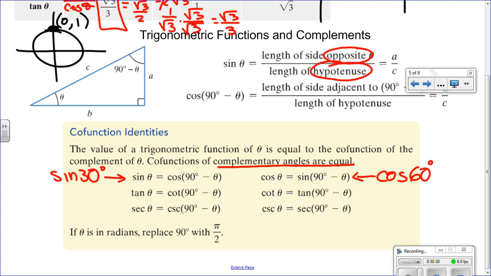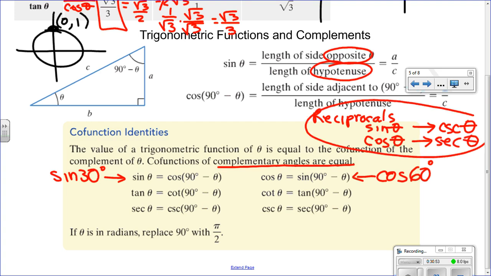and cofunctions. So notice that when we talk about reciprocals, sine goes with cosecant. Are we clear on that? And cosine goes with secant. That is reciprocal.